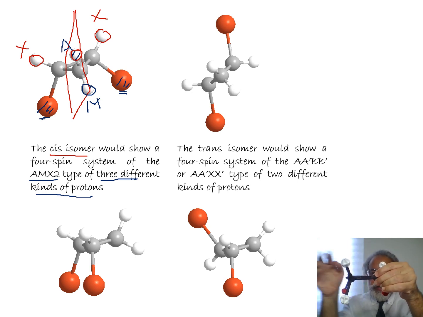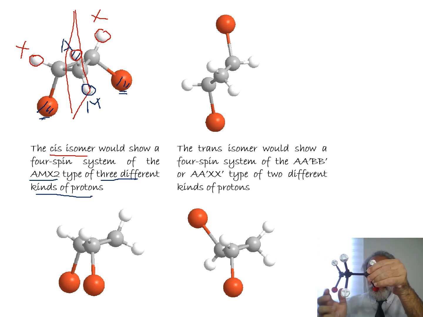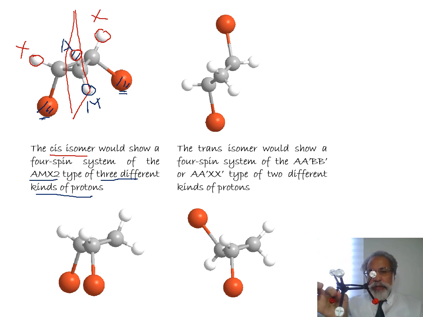Plane of symmetry, they are mirror images of one another. Hope it's clear. These two hydrogens are not related to one another. They are different. That's why you will see them as an AMX system.